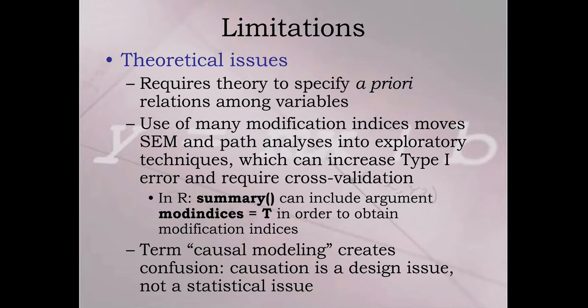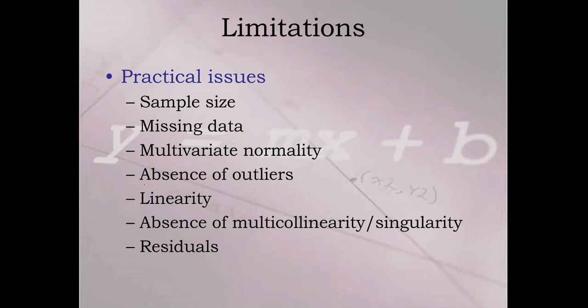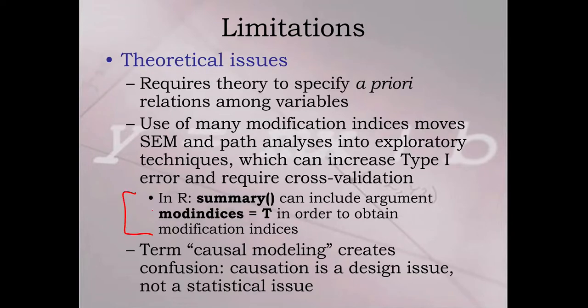Okay, so we had talked a little bit about some theoretical limitations to path analysis before. One of the things we talked about was how you needed theory in order to specify the model. This is not an exploratory technique. This is a confirmatory technique. We also talked about how after you look at your model, and here I actually added a little bit of information about what the R code looks like.